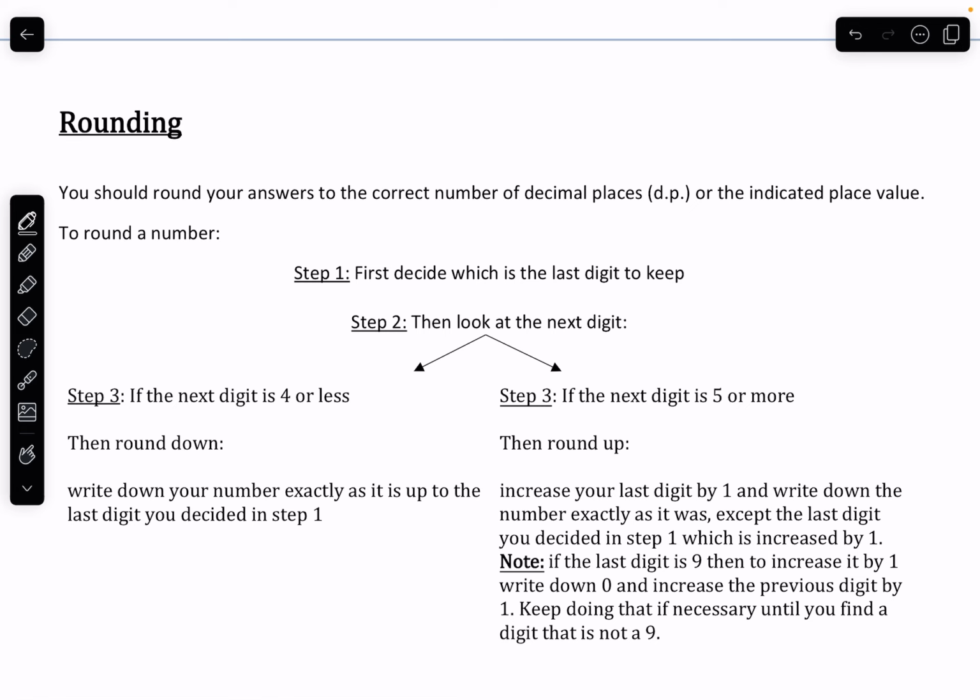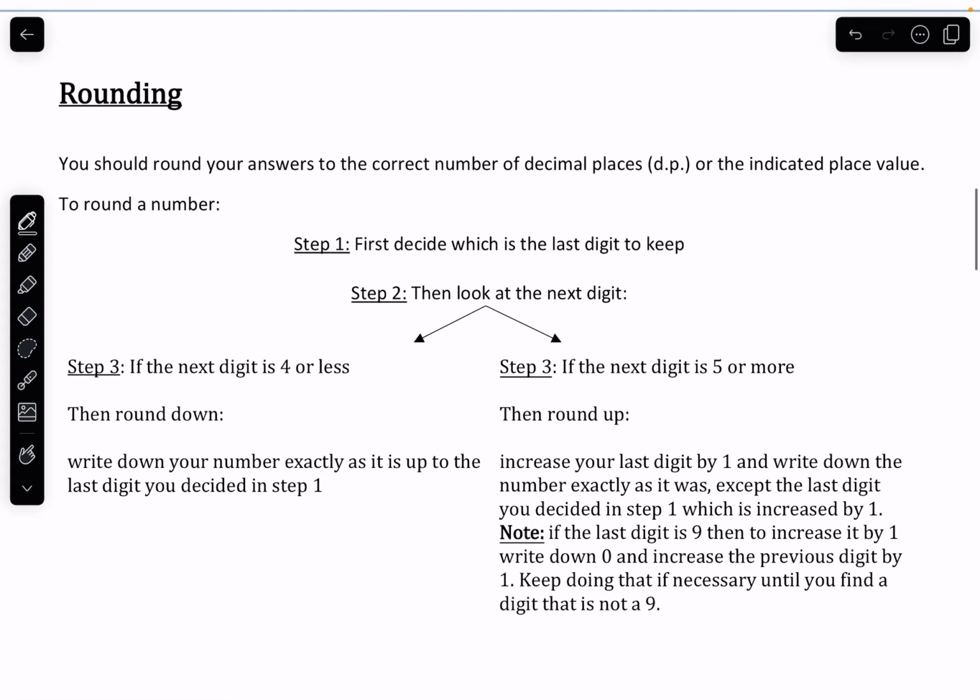If it says to round to the nearest hundred, you go to the hundred place and look at that number. That's the last digit you're going to keep. That's not the number that you're most concerned with. The number you're most concerned with is step 2. You look at the next digit. You look at the digit to the right. And that's what makes you decide if you leave your number the same or you round it up.